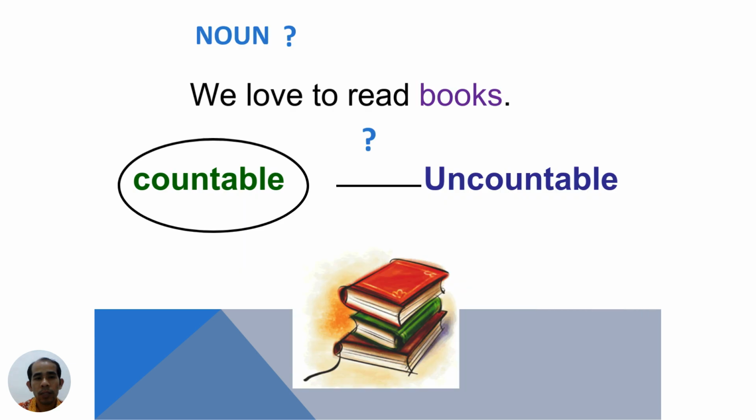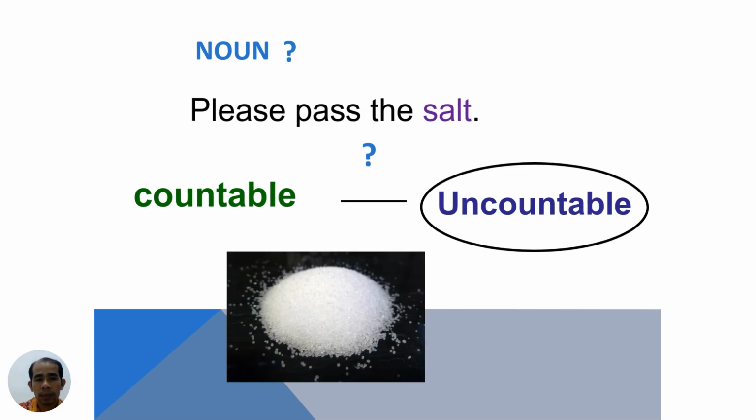Next, we will try to practice now. Look at the text. We love to read books. In this sentence, books, is it a countable noun or an uncountable noun? The answer is countable noun with the plural form, because the books are more than one. Okay, next, please pass the salt.